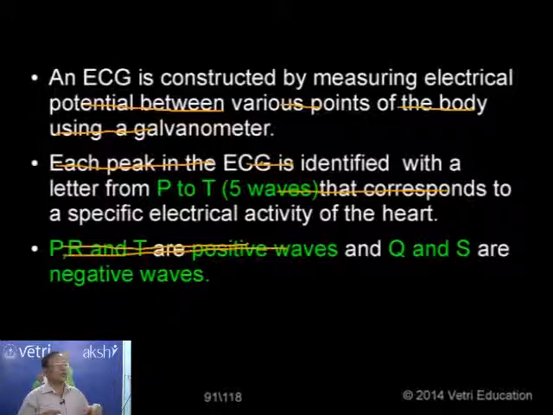We connect, for example, 12 leads. If you have the chance of entering a hospital where an ECG is being done, you can have the idea: the leads are connected to the body. An ECG can be constructed by measuring the electrical activity between various points of the body using a galvanometer.